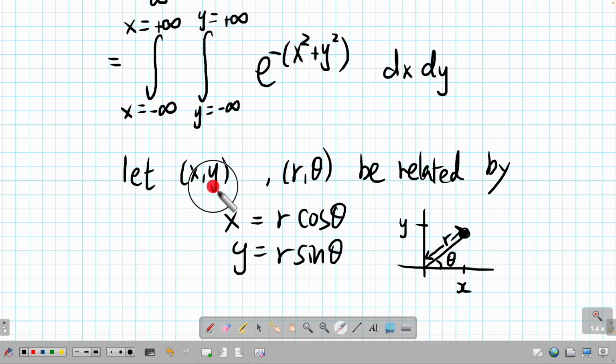Now let the xy in the Cartesian or rectangular coordinates and the polar coordinates r theta be related by x equals r cosine theta, y equals r sine theta. What I'm going to do is convert dx dy to dr d theta. I'm going to do a coordinate transform.